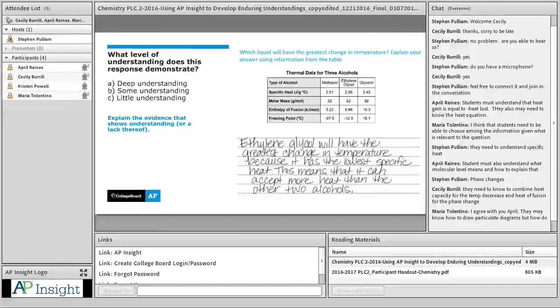Yeah, but they understand the mathematical relationship, but they don't understand that they all have to absorb the same amount of heat. Will writing just the first sentence earn full credit? Will saying that because it has the lowest specific heat be enough explanation to get the full credit? I think that would be, yes.